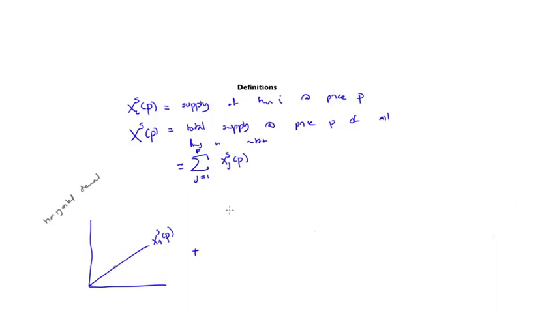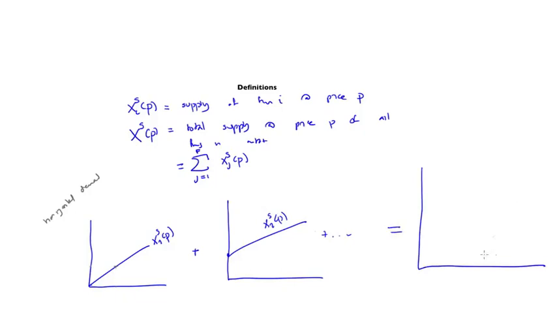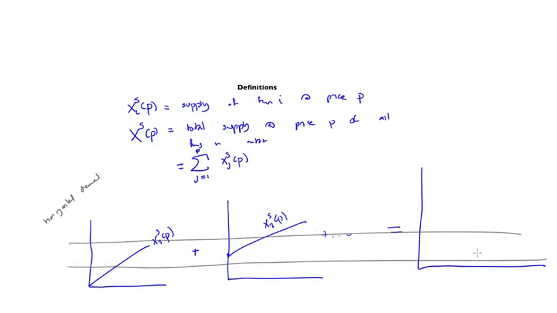And the supply function for firm 2 is something like this, let's say jumping here, etc. When you add them up, and I'm only going to plot the sum of these two, just to make it simple, what you do again is at any price P, you take where you are, let's say at this price or at that price, and you add horizontally the quantities, and it should be easy for you to see that you're basically going to get something that looks like this in this case. That is going to be the aggregate supply function for the market.